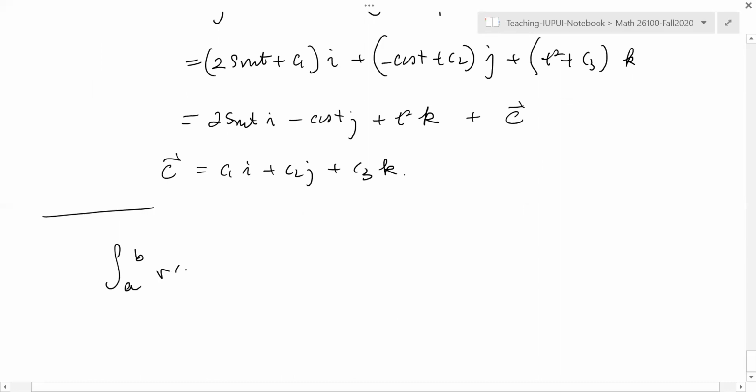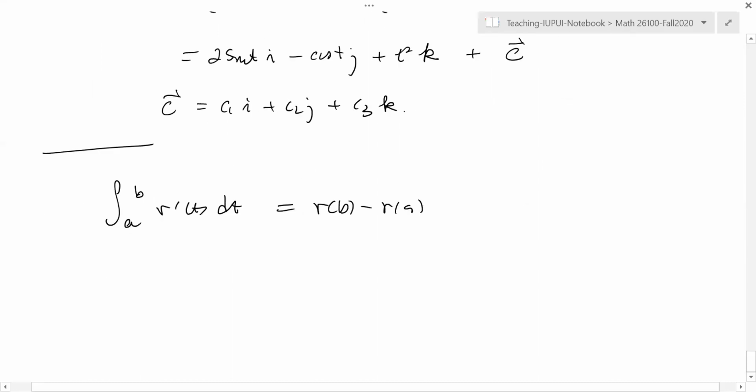According to the fundamental theorem of calculus, this is going to be R of B minus R of A. Now, what does that mean? Let me explain. The integral of the tangent vector, as a vector function, is going to be the difference of two positions.